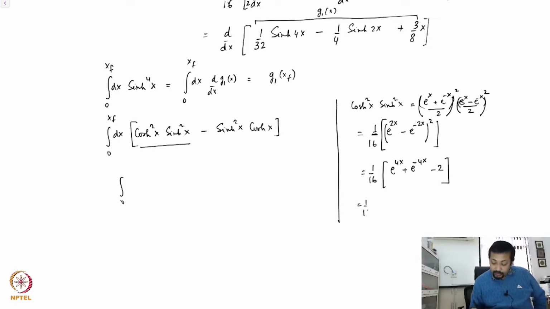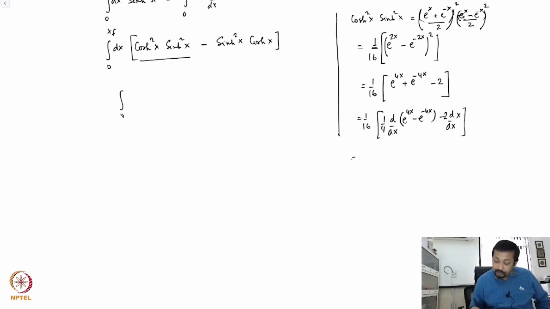So again one writes this as d dx of e to the power 4x minus e to the power minus 4x, 1 over 4, minus d dx of 2 times x. So I have 1 by 16, half d dx of e to the power 4x minus e to the power minus 4x divided by 2, minus twice d dx of x.